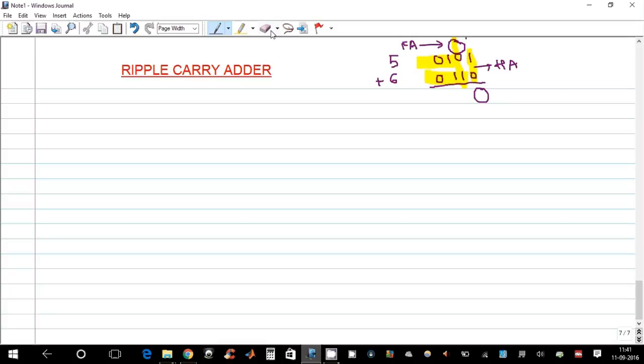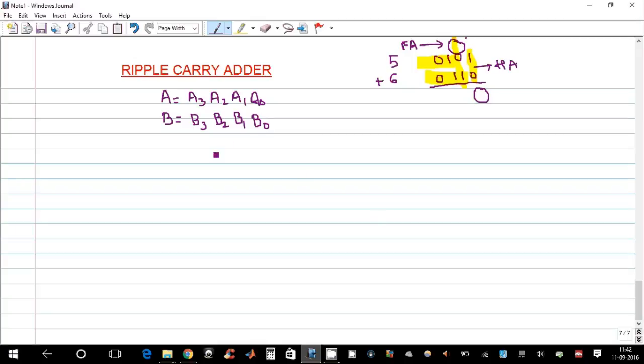So let's see the logic circuit realization of this ripple carry adder. Let's denote this 5 and 6 with 2 inputs, let's say A and B, where the individual bits are represented as A3, A2, A1, A0, and similarly for B, the individual bits are represented as B3, B2, B1 and B0.